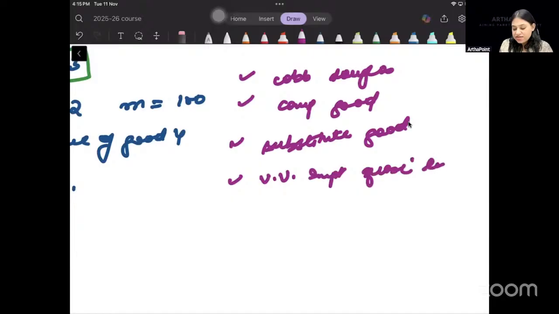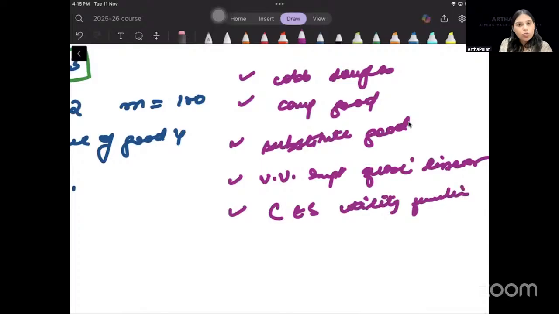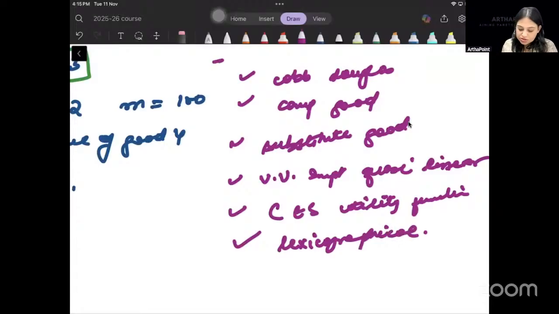I don't know why this is the favorite among examiners. CES utility function. I will do one question on this today, we will have a discussion on it today. And lexicographic. I hope I have covered all cases.